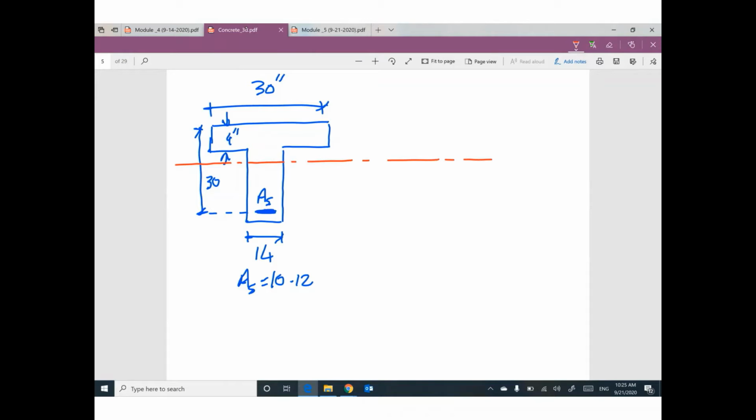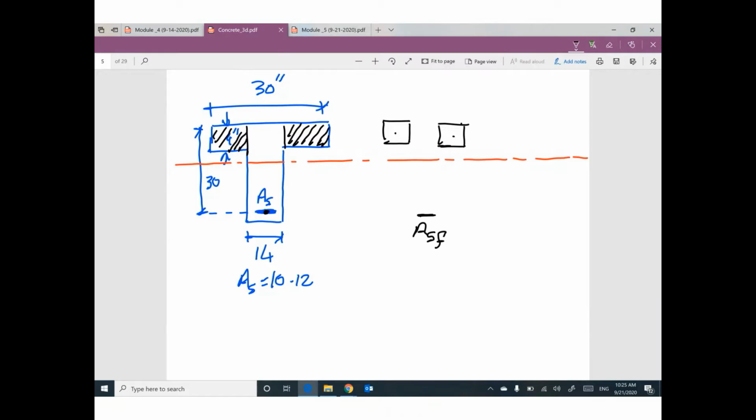So I'm going to assume this cross section equals this part and this part at the top. A little bit of this area of steel will be at the bottom. I'm going to call it area of steel flange, meaning this part of the steel works with this flange only.